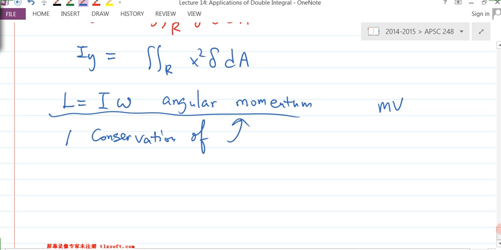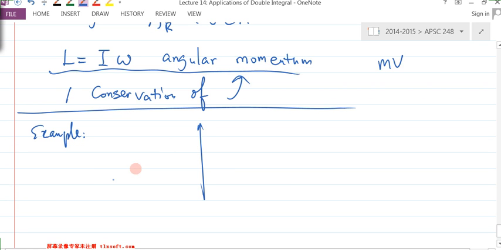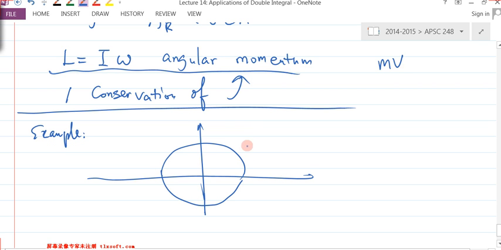We're almost running out of time, but I do have one more interesting thing here. I wanted to bring the math into theories. Let's do an example here. Here is a plate or a disk. What is the moment of inertia of this disk with respect to the axis going through this origin O here?